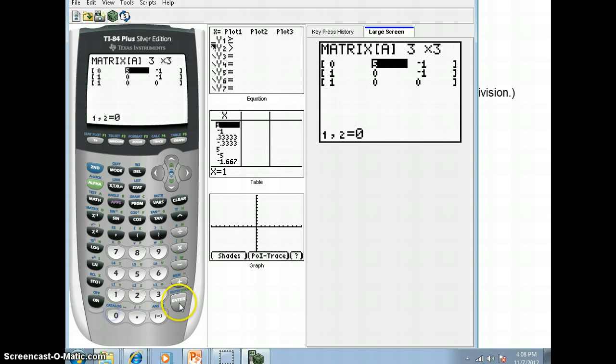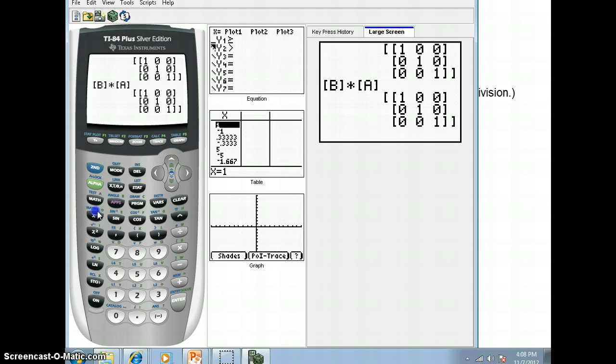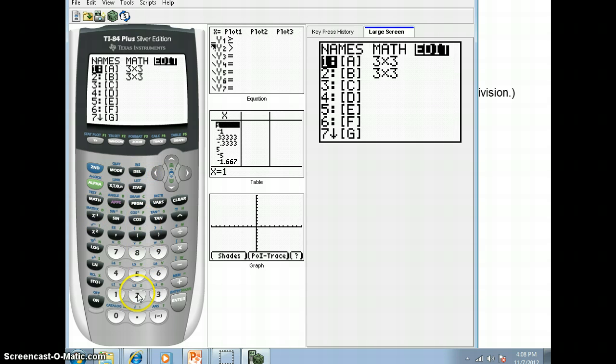So 0, 0, 2, 1, 3, negative 2, 1, negative 2, 1. It's that matrix there. Go back over to edit.